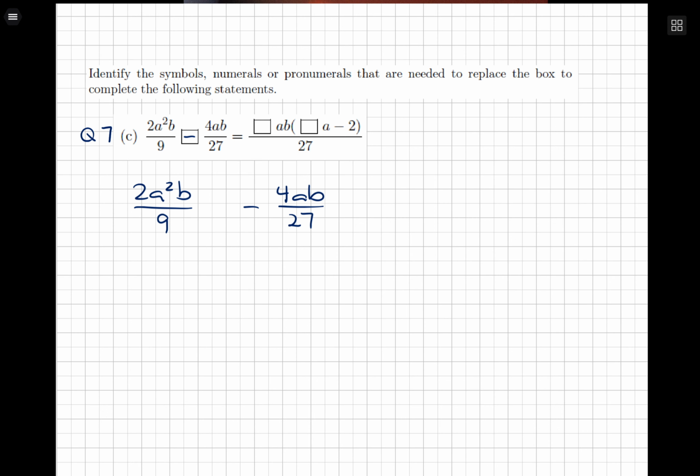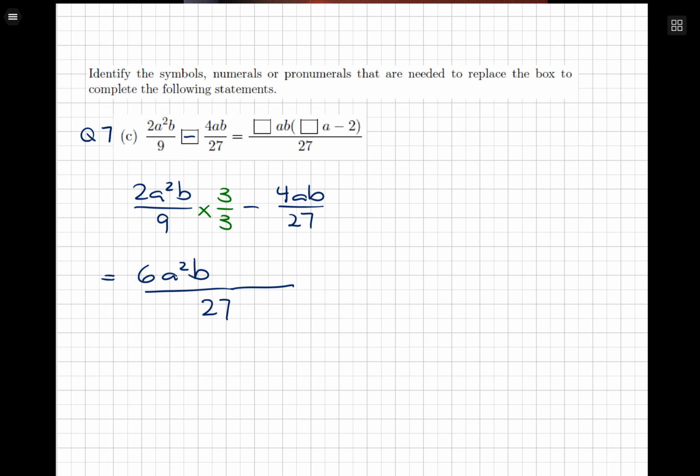The lowest common denominator would be 27. So this first fraction needs to be multiplied by that fancy version of 1, otherwise known as 3 on 3. Okay, so multiplying that out, 2 times 3 is 6a squared b all on 27.